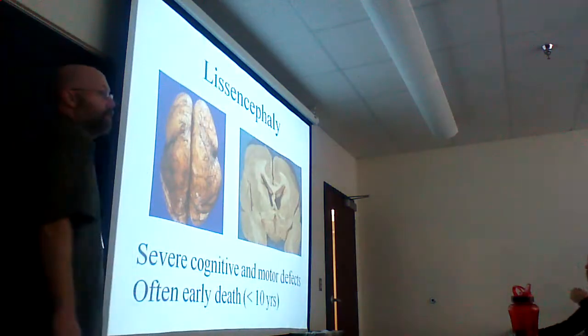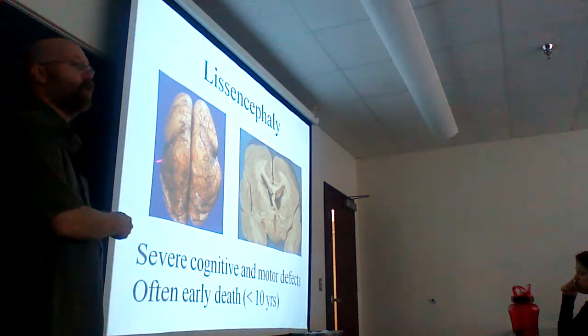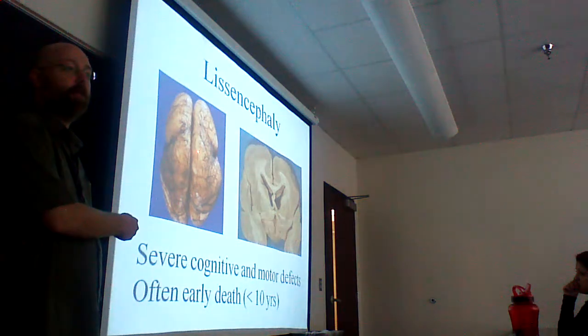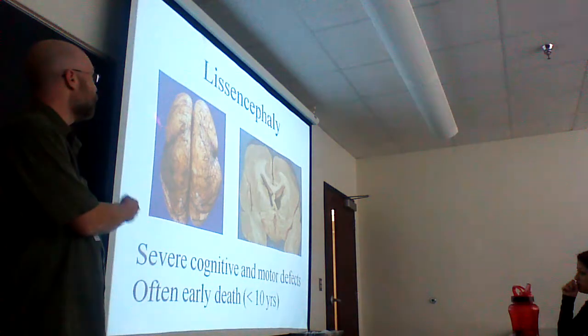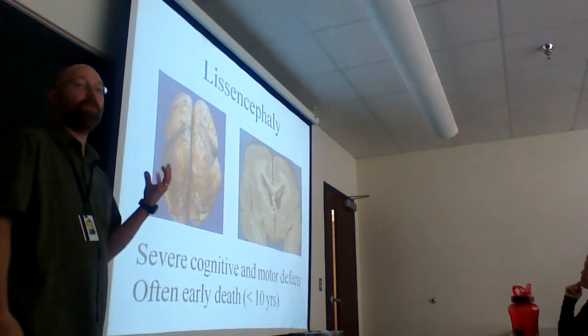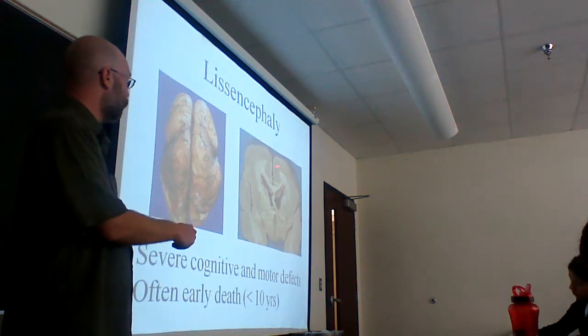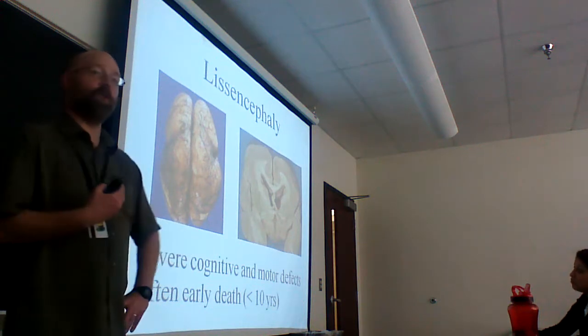So it's important. When the wrinkles aren't there, it doesn't even look like a brain. But that's what that is. That's a brain of somebody who suffers from something called lissencephaly. They don't have the ridges and the grooves. Their gray matter, there's less of it, and the arrangement is incorrect.